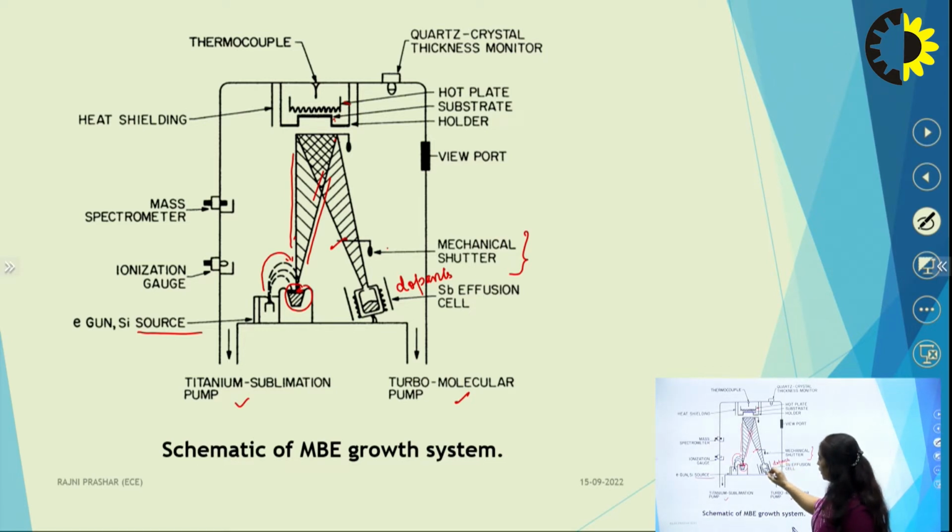After this evaporation process, these dopants will also be projected here, and then here we have the evaporated compound of silicon and dopant, silicon plus dopant. Okay, so that will be deposited over the substrate.